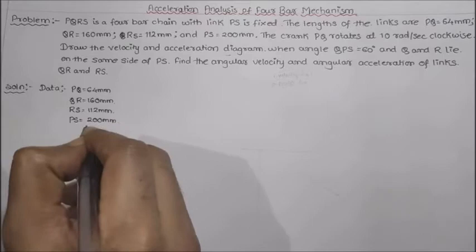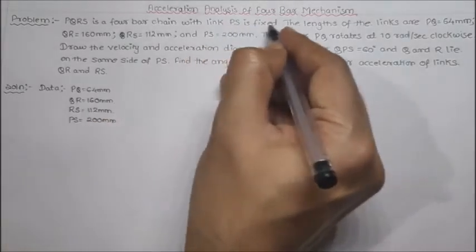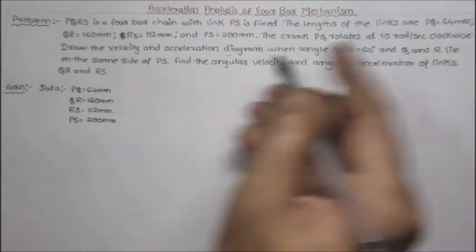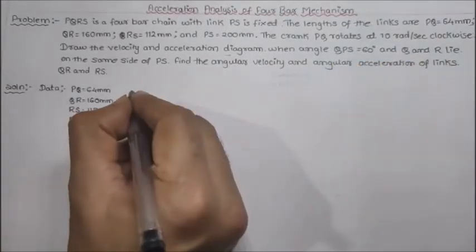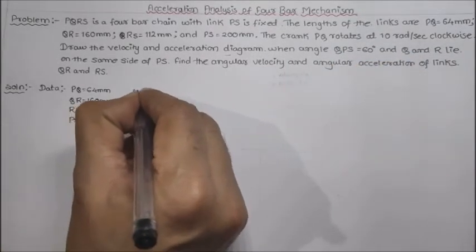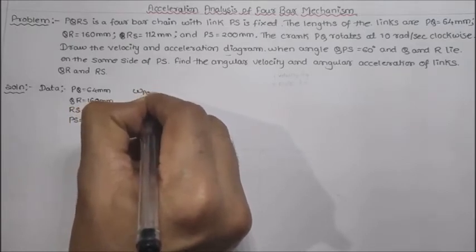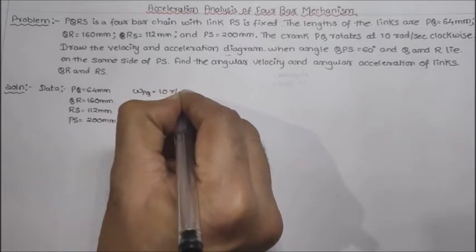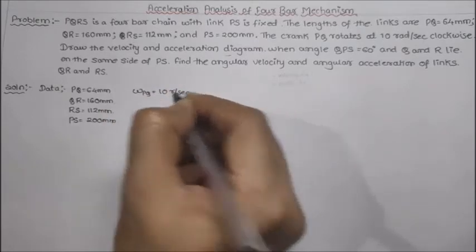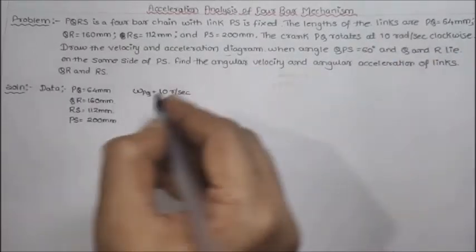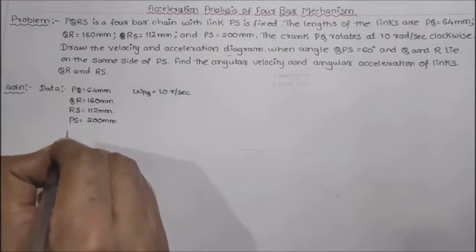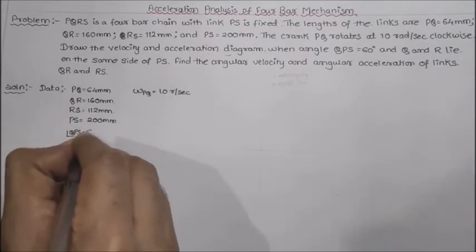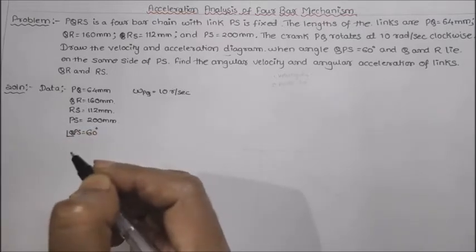PS is the fixed link, which he has given in the beginning itself. Then in the data he has given omega PQ equal to 10 radians per sec. Then angle QPS equal to 60 degrees.